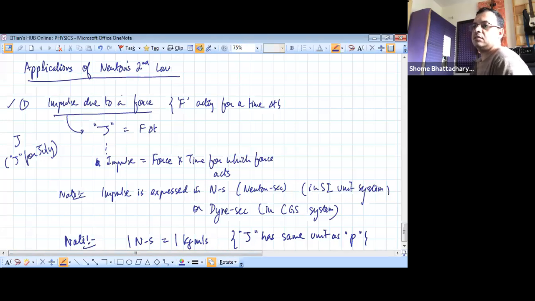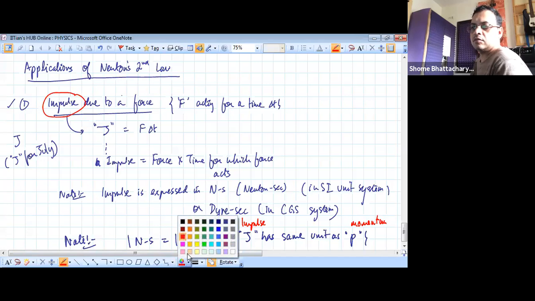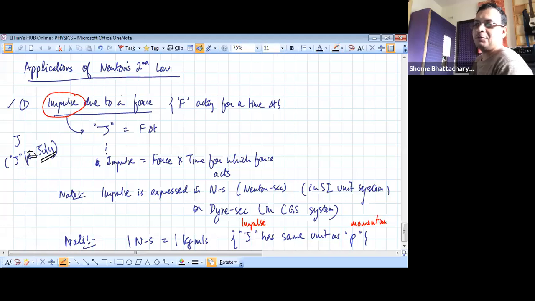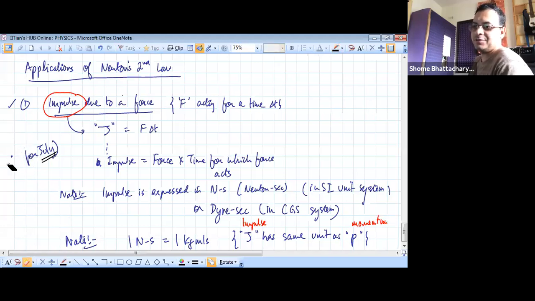J is impulse. J is the symbol used for impulse. This is the impulse, and this is momentum. Yeah, I was just explaining that it is J, okay, and not tau.